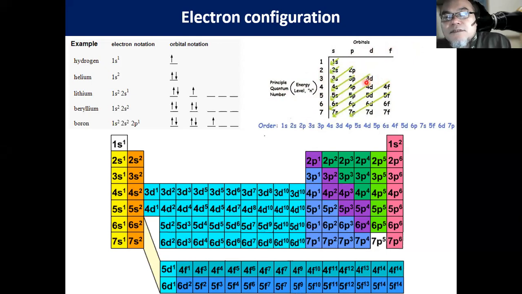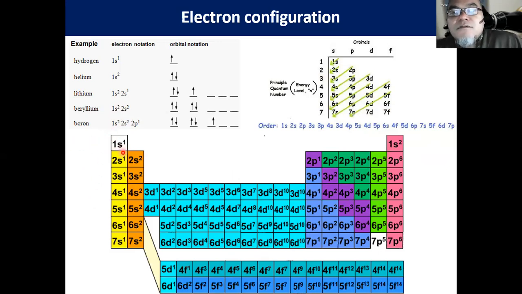So according to this order, if we write it down like this: 1s, 2s, 2p, 3s, 3p, 4s, 3d, etc. Here, if we see the periodic table of atoms, we see that the first column mostly has one valence electron on its outermost shell, usually in the first subshell.